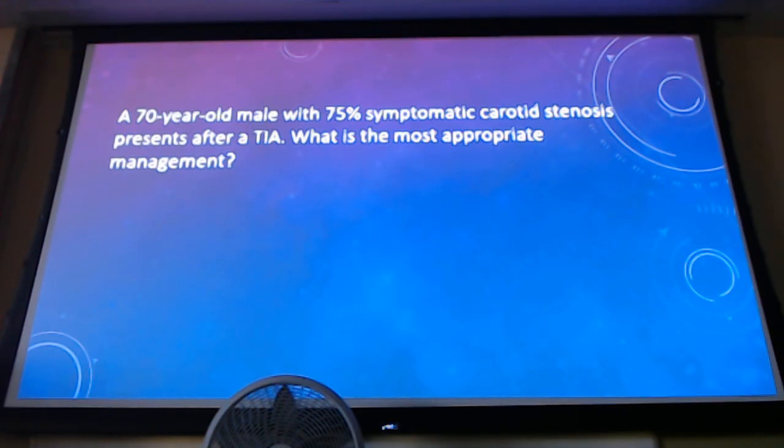Alright, a 70-year-old male with 75% symptomatic carotid stenosis presents after a TIA. What's the most appropriate management? You gotta clear the carotid artery, but how? What's that surgery name? Endarterectomy. Good. Carotid endarterectomy.